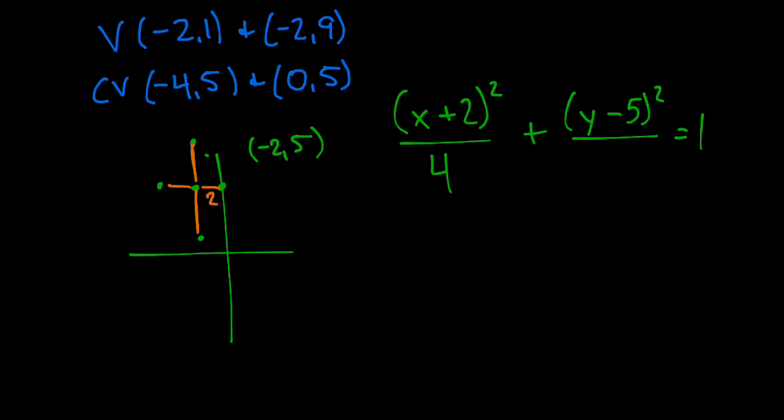And then our y radius, we're going from 5 up to 9, so that's a distance of 4, or from 5 down to 1, also a distance of 4. So our y radius is 4, and in our equation we should see a 16. Our equation on this one would be (x plus 2) squared over 4 plus (y minus 5) squared over 16 is equal to 1.